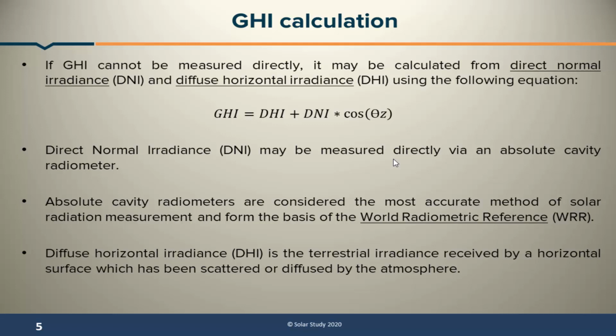So we get a lot of data from scattering, reflection and diffusion, and all of that we will collect with the radiation sensor. From that we will get DHI. So finally, using this formula we can get the GHI, the global horizontal irradiation, of the solar radiation.